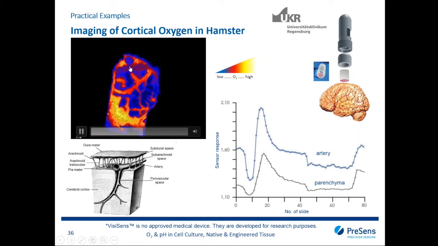You can see a clear difference between the oxygenation of the venule and the artery. But what you can also see is the parenchyma oxygenation and also some smaller capillaries. And you can see that the oxygenation in the brain changes immediately upon changing the breathing gases.